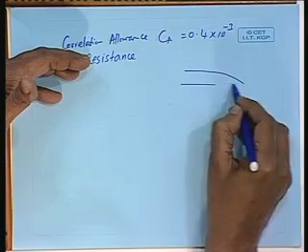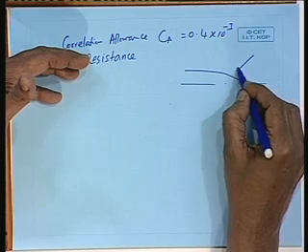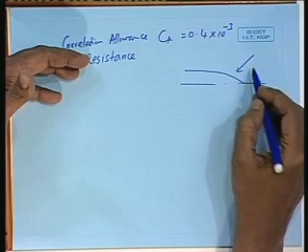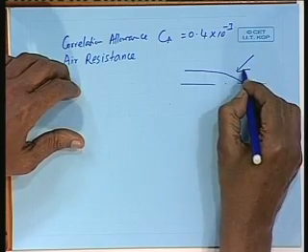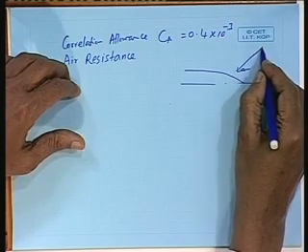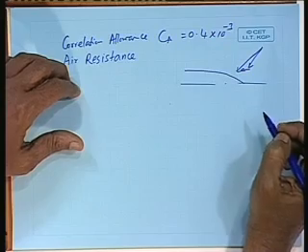But if there is a wind blowing, then if it is a wind blowing head on, it will be added to the ship velocity. If it is supporting, it will be subtracted. But if it is a wind blowing at an angle, then you can resolve it. If the wind is blowing like this and the ship is going like this, then the wind is coming like this, and the resultant component will be something like this.